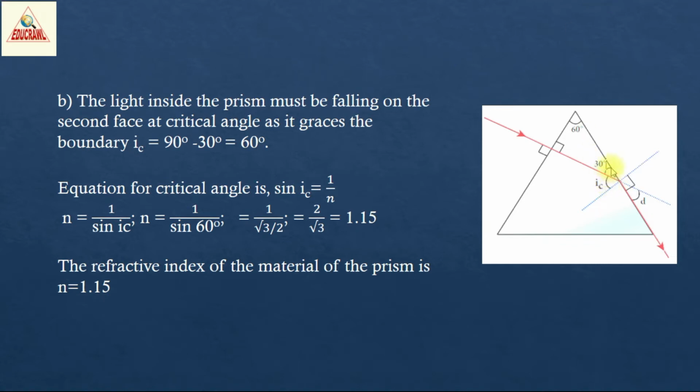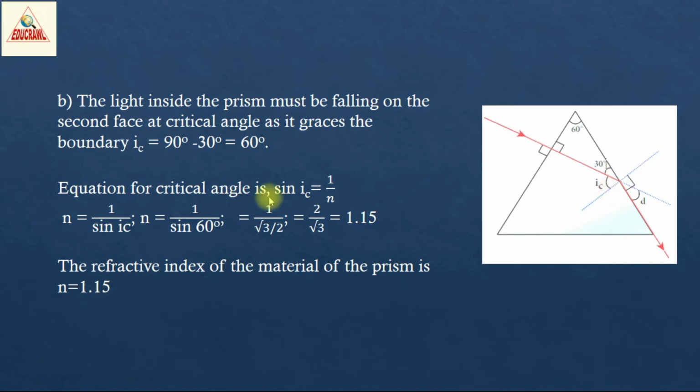See the diagram. Here the total angle is 90 degrees. The angle of deviation we have found as 30. So the value of IC should be 90 minus 30, which is 60.